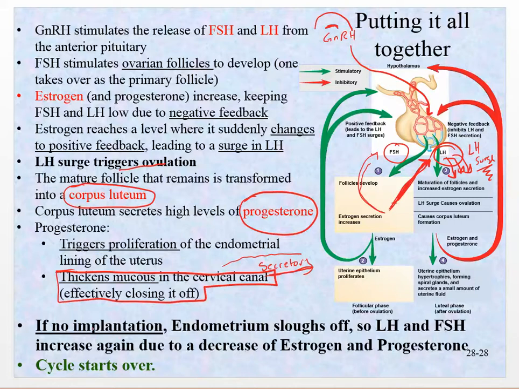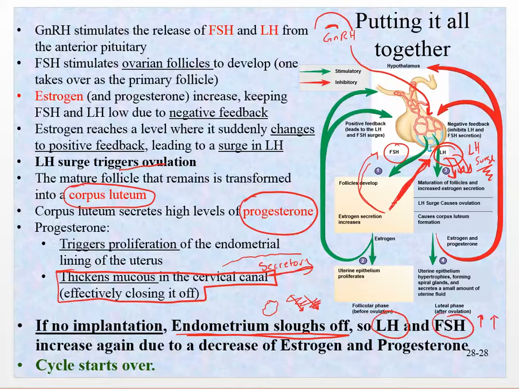So if there's no implantation, the endometrium sloughs off, and the corpus luteum starts to disintegrate and goes away. Your estrogen levels fall, your progesterone levels fall, the endometrium goes away, and the feedback on LH and FSH goes away, so they start to increase again.